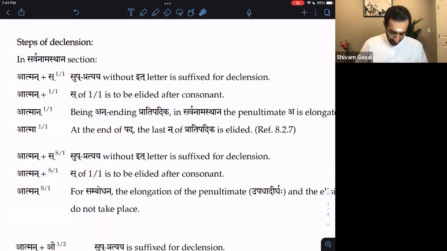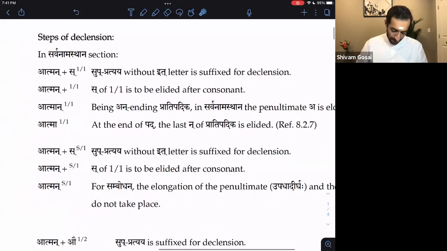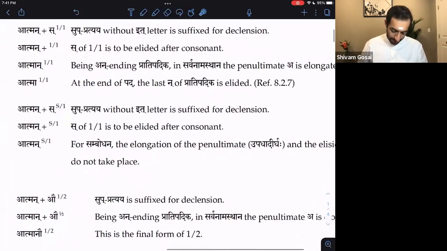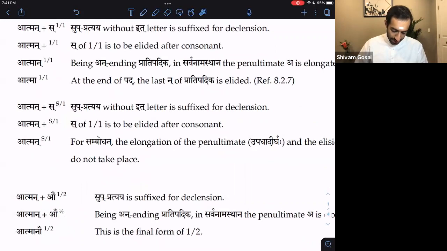Now, here in this Sambodhana, it's simpler, but the rules basically just don't apply the same way. Okay. So you get that suprata, you get that sa, Sambodhana, right? This is a variation of 1-1. That sa goes away.